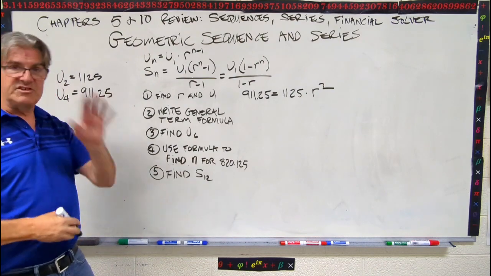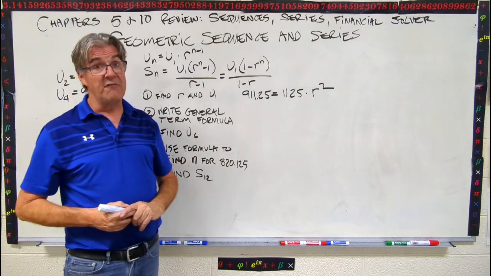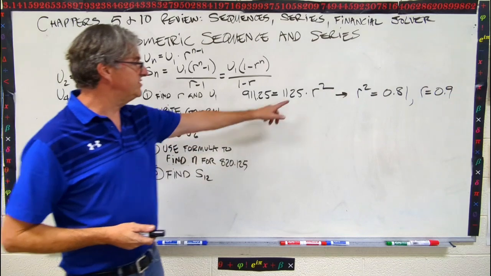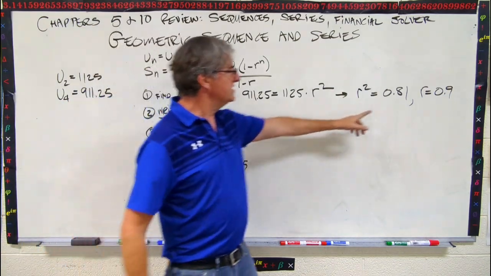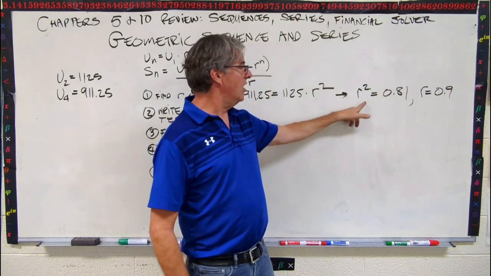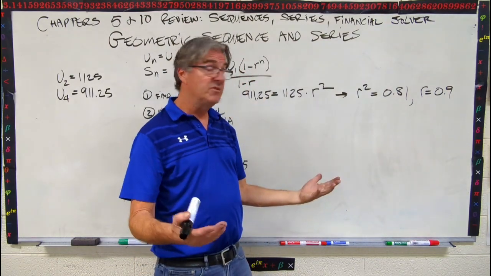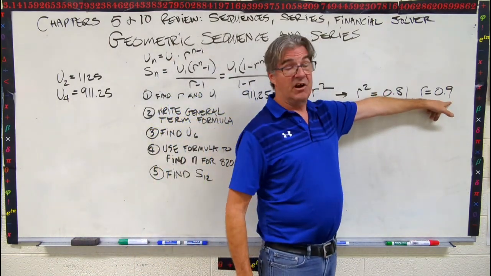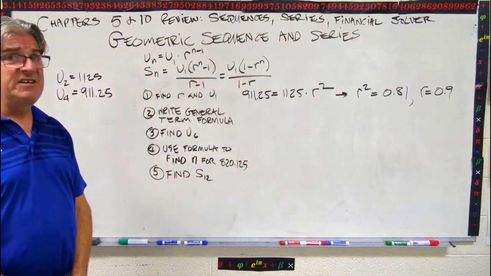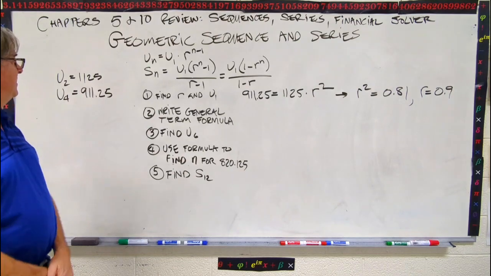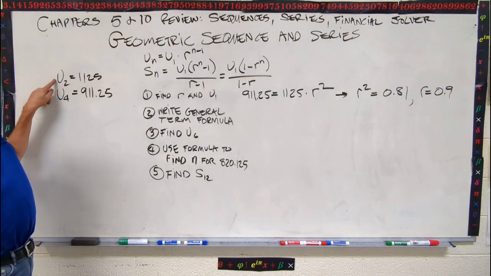Now what we're going to do, actually, pause the video and see if you can solve for R. Okay, so what I did is I just divided through by 1125, and what I get is 0.81, so that's R squared. Then we take the square root of both sides, and we get 0.9 is our R, okay? But now we need to find U1, okay? So now we can pretend like this actually, we don't have to pretend.